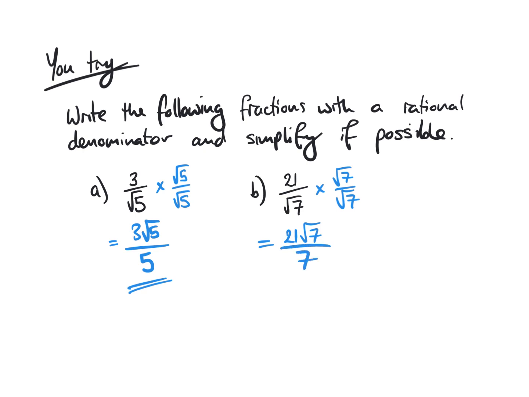And again, we're looking to simplify if possible, so I'm going to check, can the root 7 be simplified any further? Now there's no square number other than 1 that goes into 7, so that's in simplest form already. And then look outside here, there's 21 over 7, well that can be simplified. So that can actually simplify down just to 3. 21 divided by 7 is 3, so that's 3 lots of root 7. And that's it.